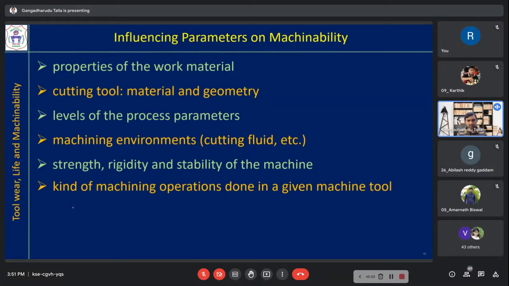The kind of machining operation done in a given machine tool. What is the operation you are carrying out? That will also define the machinability.